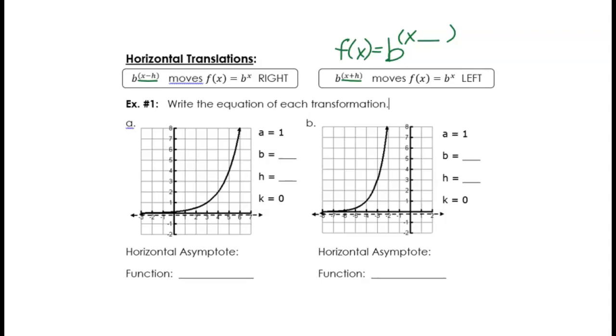So let's write the equation of each transformation. Let's talk about those horizontal translations. The first thing that you're going to look for, number one, is always the horizontal asymptote. That's item number 1 on your list, and you do need to find somewhere to write this because this is important. You always want to find your horizontal asymptote. So in example 1a, where's the horizontal asymptote?